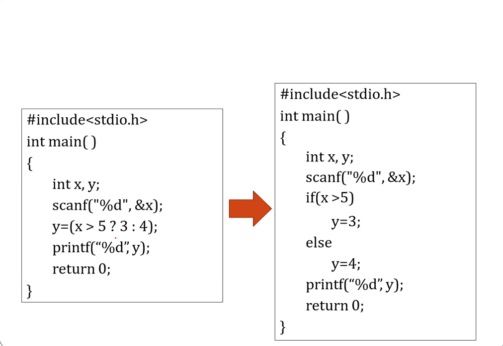If it is greater than 5, the value of y will be taken as 3, or else if it is less than 5, then it is going to take the value as 4. You can expand it like this: if x is greater than 5, y is equal to 3, or else y is equal to 4.